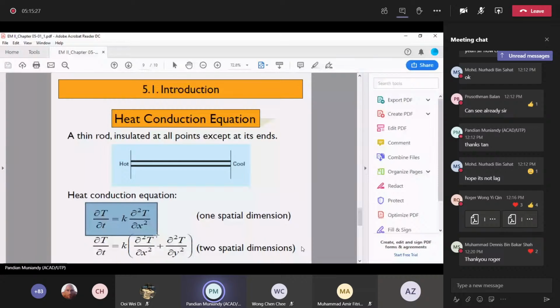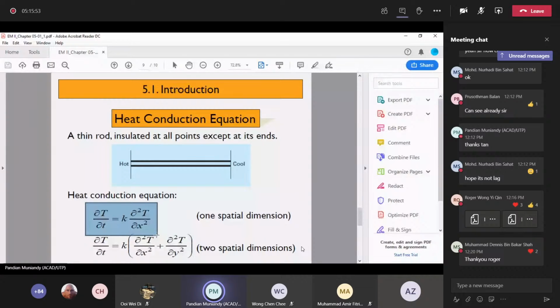So we want to solve the heat conduction equation using a numerical method. The method we are not going to do today. We reserve this for the next lecture on how to solve the heat conduction equation, because it's very lengthy, about 54 slides, so it may go up to next week.